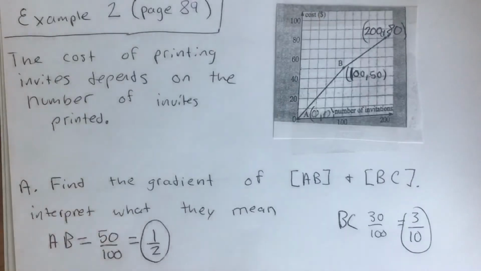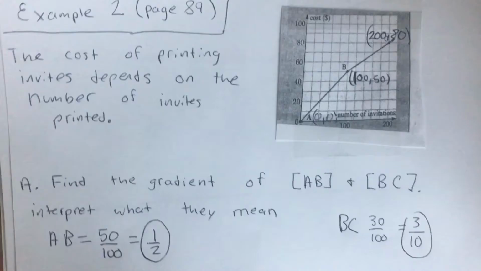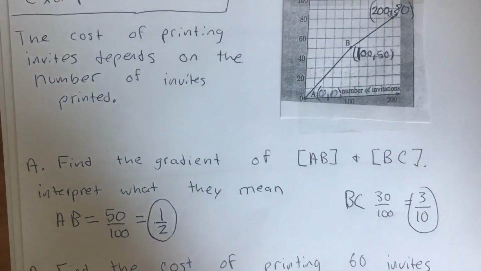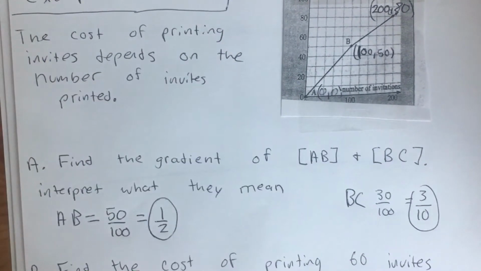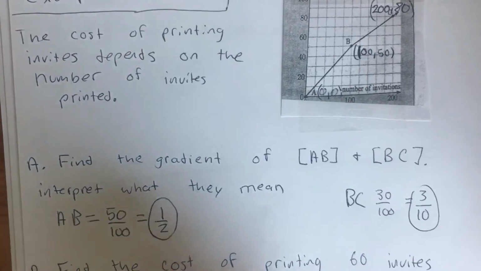If we're thinking about this in terms of cost, going up 1 over 2 is, in dollars, $0.50.